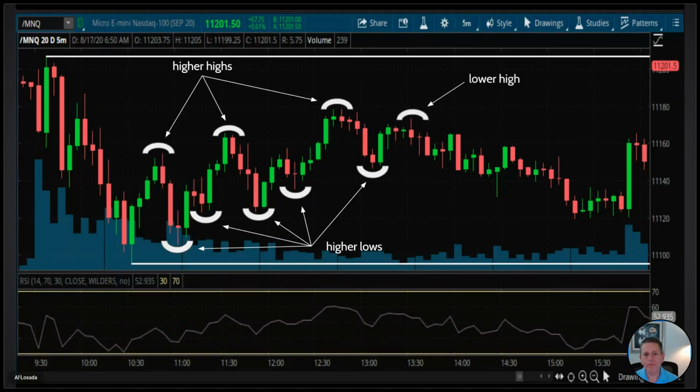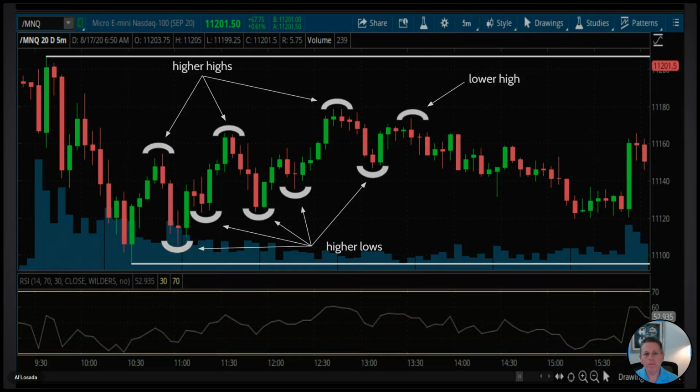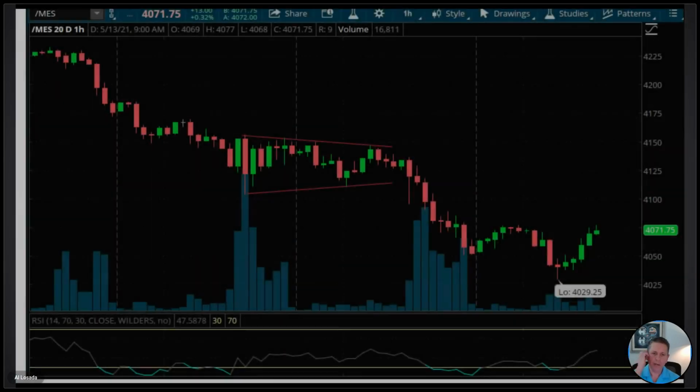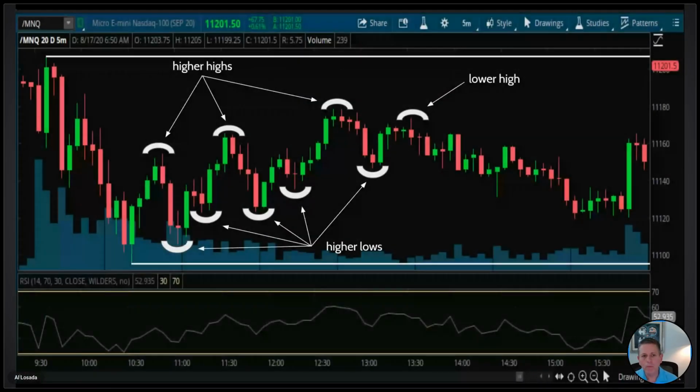Pretty simple to see, but when you're not experienced with that, and seeing the patterns, it's really important to have screen time so that you can understand what happens in the market. These patterns just happen over and over and over again.